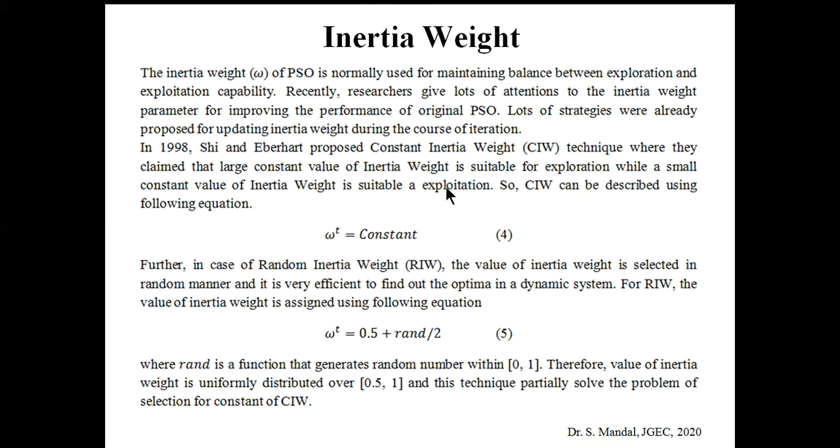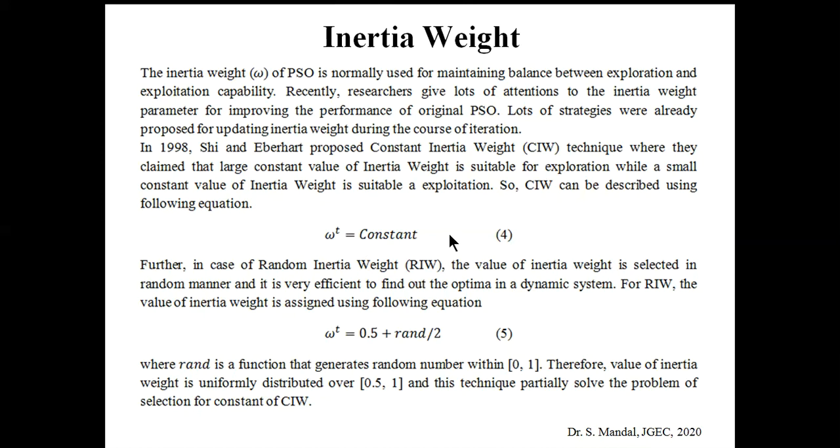So a small value corresponds to the local search and a large value corresponds to the global search. w(t) corresponds to the t-th iteration, but here we are assuming a constant value.